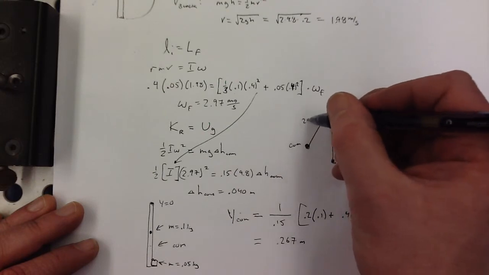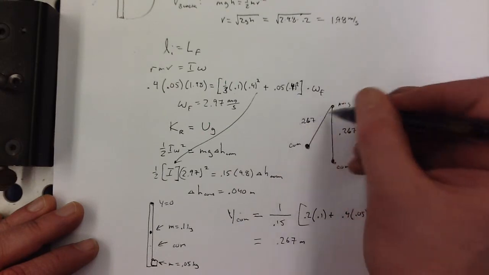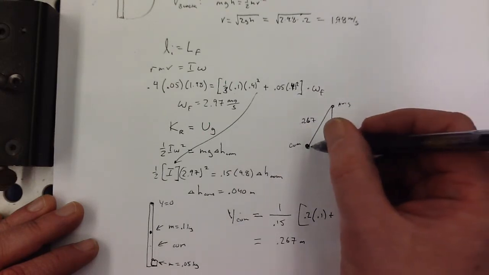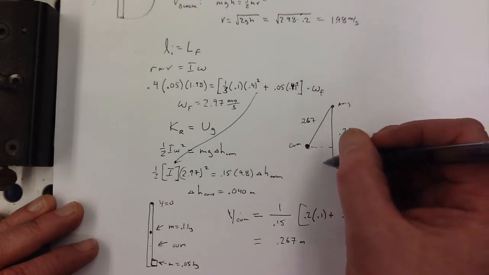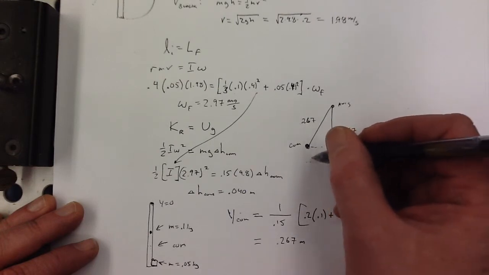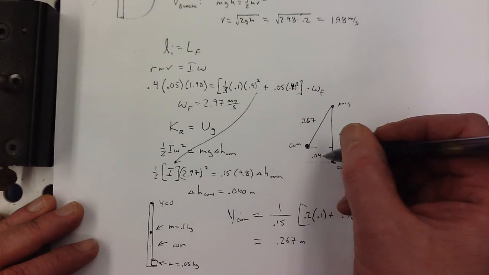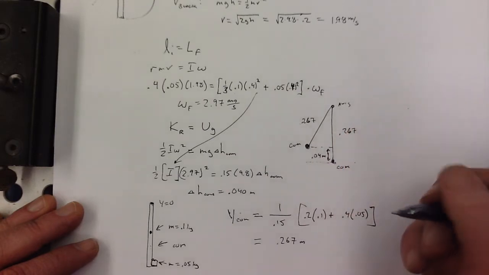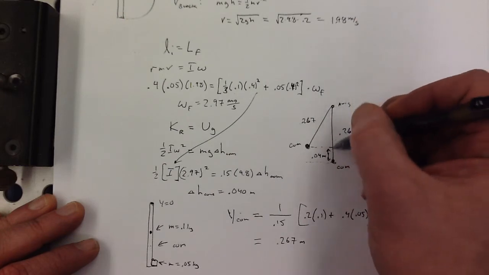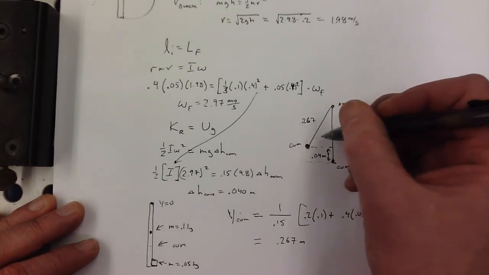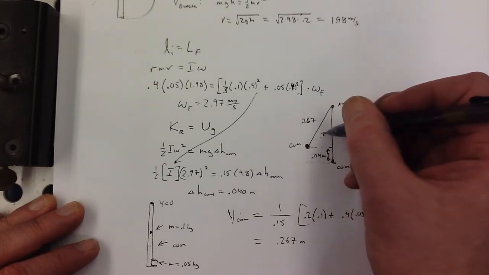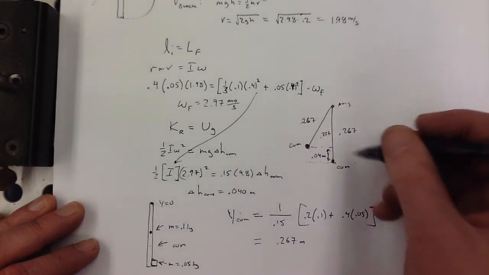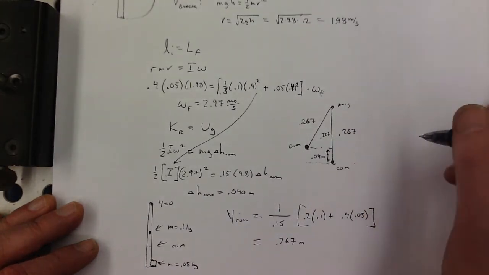So this is 0.267 here. That distance doesn't change. This distance here is 0.04 meters from here to here. And that means this distance here is 0.227.